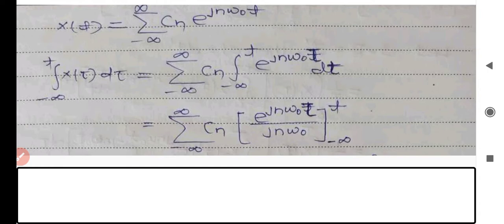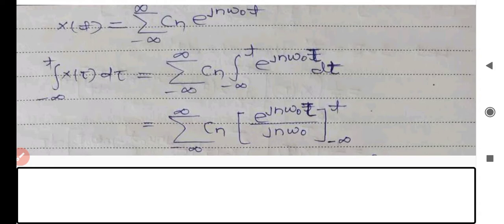By the definition of Fourier series, we know that a signal x(t) can be expressed in the complex exponential form as x(t) equals the sum over n from minus infinity to plus infinity of Cn e power jn omega naught t.